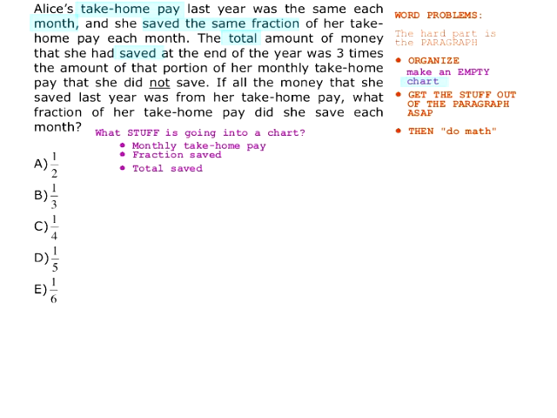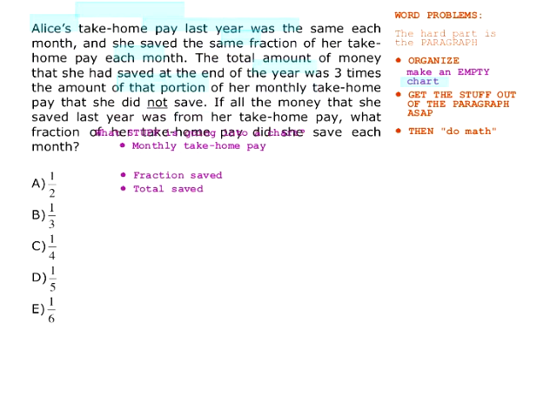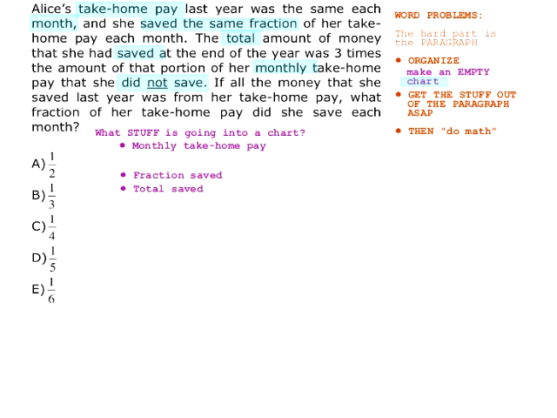for the year, total saved. And then this is the monthly that she did not save. So let's put that up there with the monthly take home. Might as well put all the monthly stuff together. So you also have the monthly not saved.